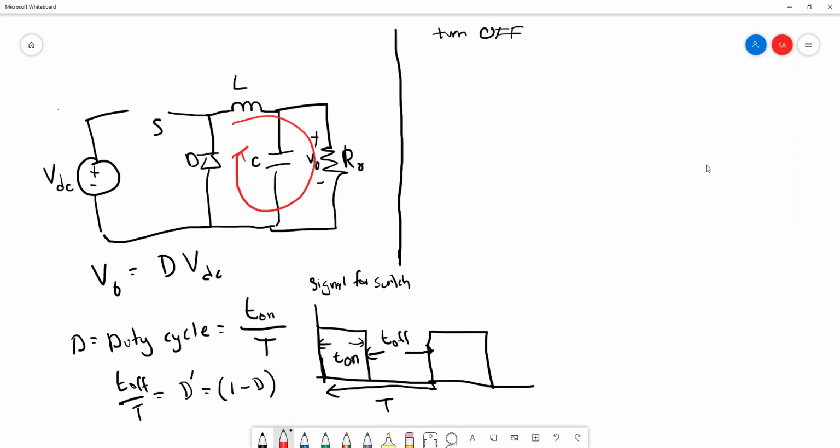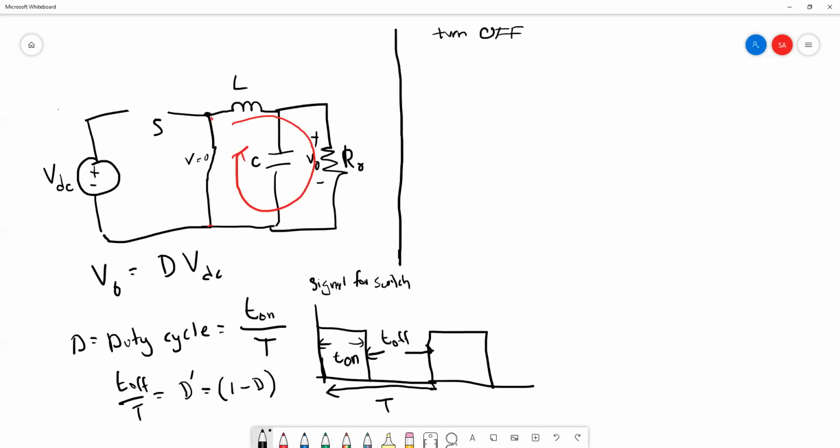Since this is much more positive compared to this, the diode will be turned on, forward biased, so it can be considered as a short circuit.